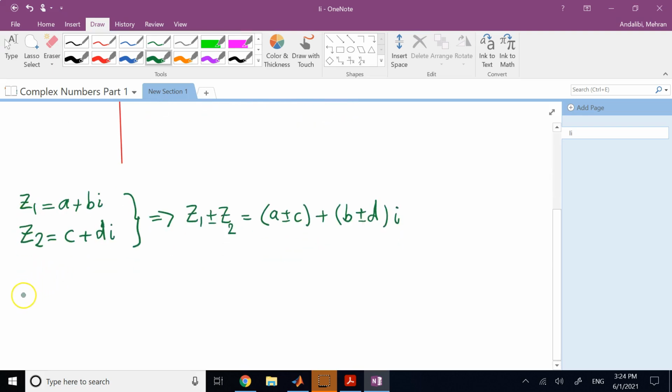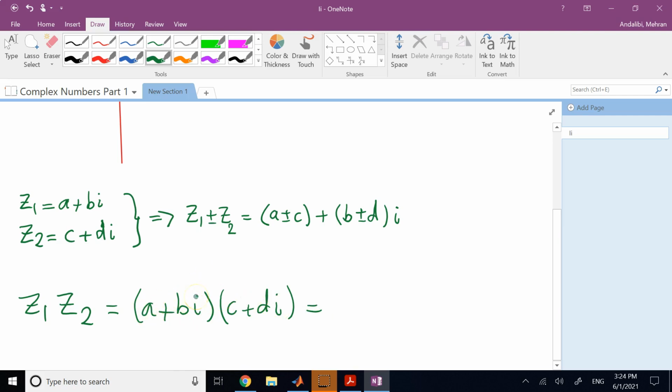Now, when you multiply these two complex numbers together, z1 times z2, here you have to use the distributive property of product with respect to addition. So each one of them is one term. a is one term, bi is one term, c is one, di is one.